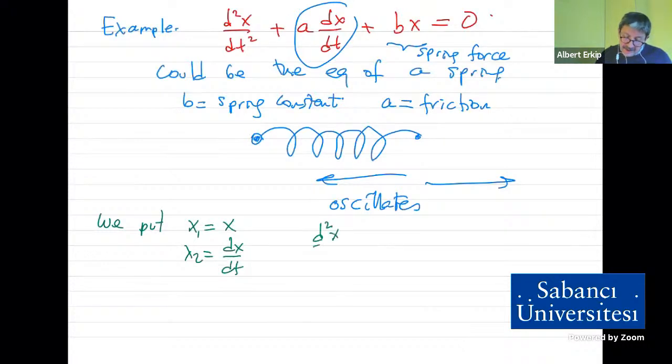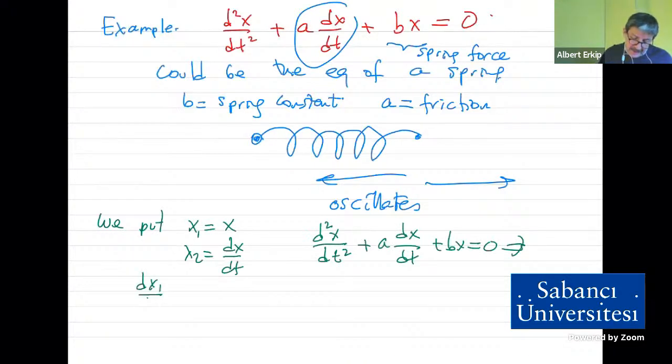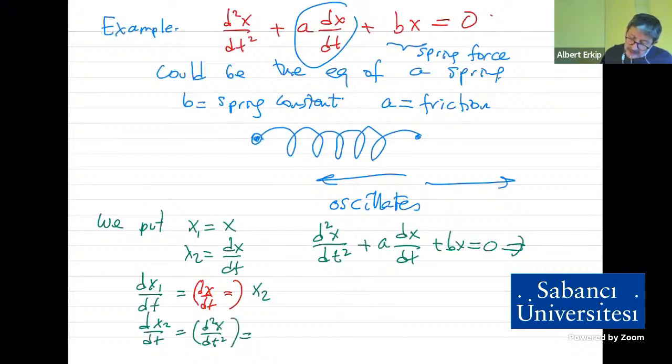My equation d squared x dt squared plus a dx dt plus bx equals 0 becomes dx1 dt is dx dt, that's x2, and dx2 dt is d squared x dt squared, the second derivative, which equals minus a dx dt minus bx, that's minus a x2 minus b x1.